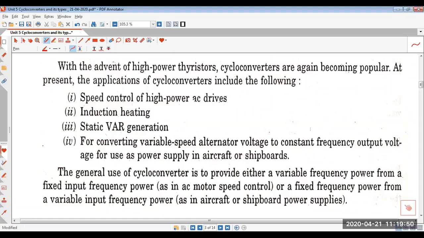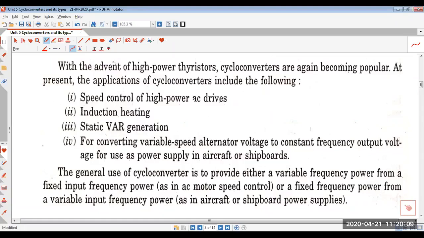For example, a lift, excavators or elevators are all common examples of drive systems. Here AC drives means an AC motor whose speed is controlled.